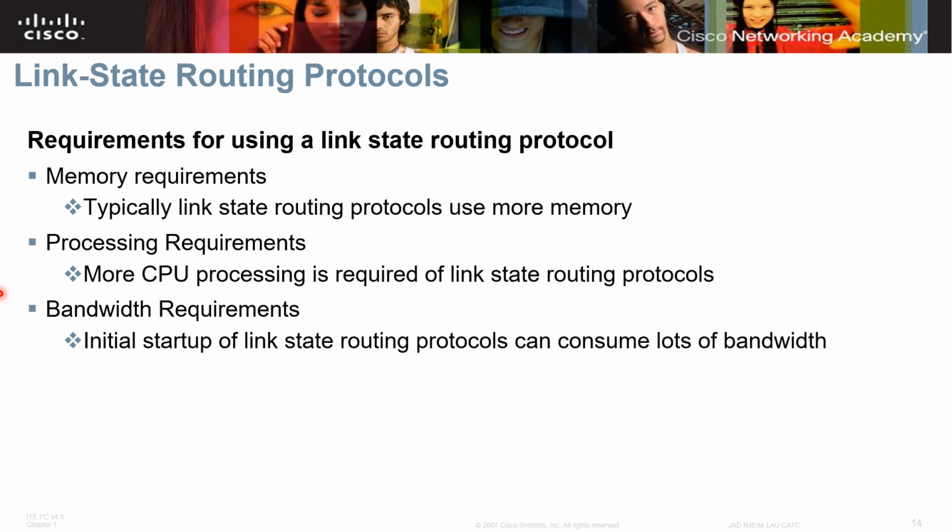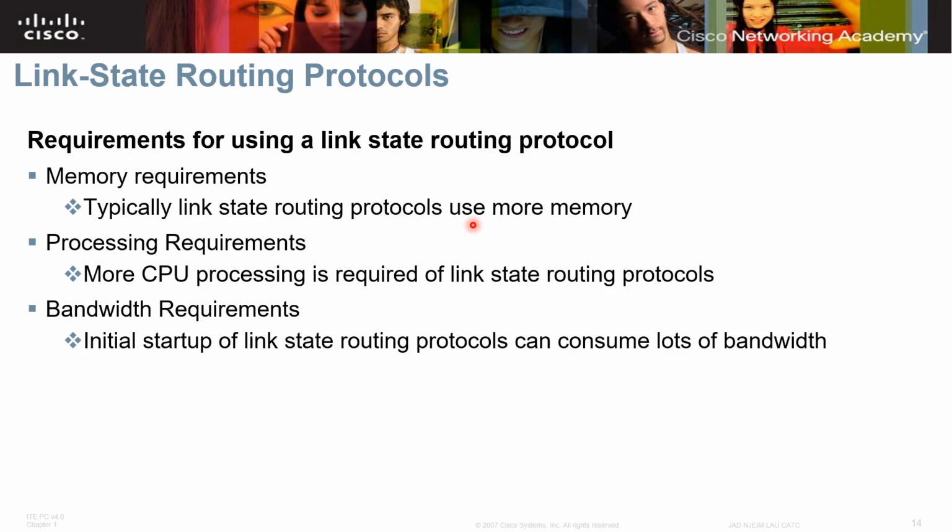We finished at this slide by discussing the requirements for using link state routing protocols. For memory, it uses more memory, because of building a link state database. This database contains a lot of information: a global view of the network, with all information about all nodes and all links.